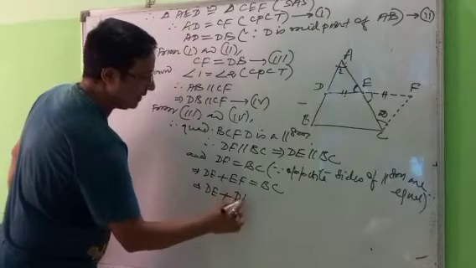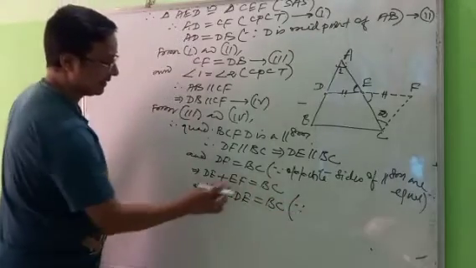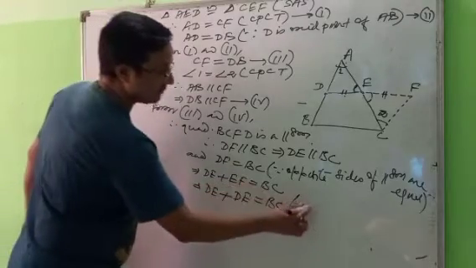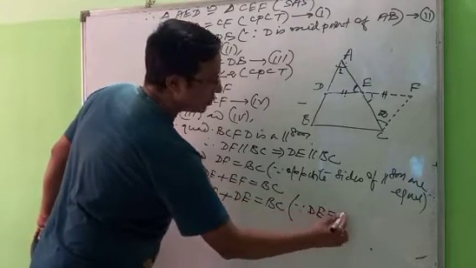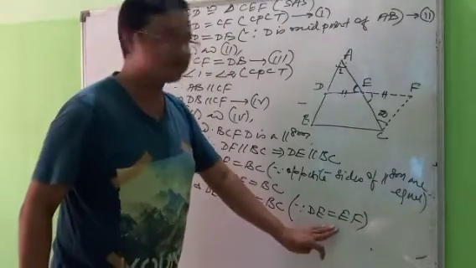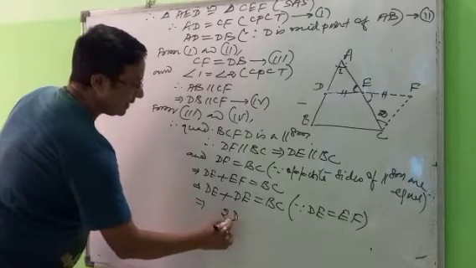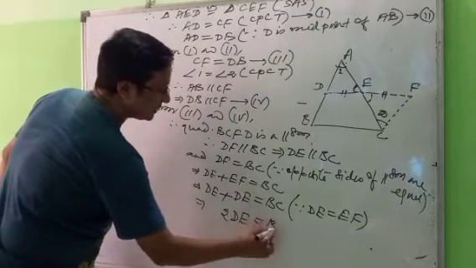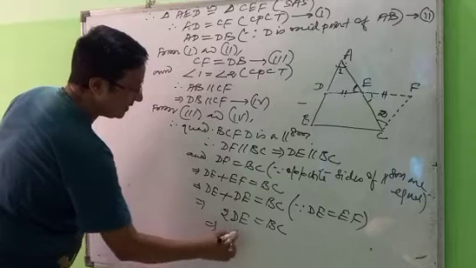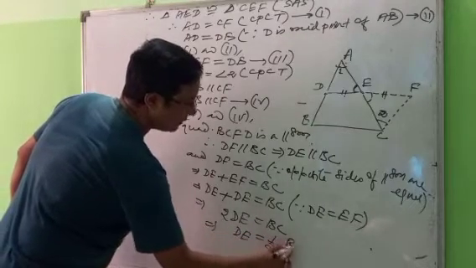So it will be DE plus DE equals BC, since DE equals EF. So this gives twice DE equals BC. So the last step will be DE equals half of BC.